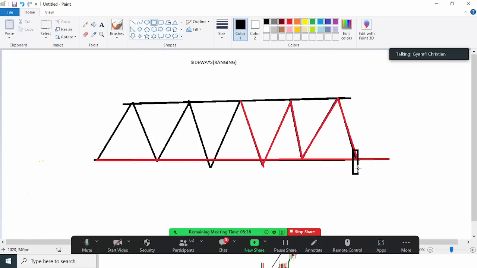This candlestick that broke through the support is not a confirmation for you to sell or to say that the market has broken out. You need to wait for the next candlestick to also form and close. If it is able to close below the candlestick that broke through your support or your resistance, that's a confirmation that there has been a breakout.